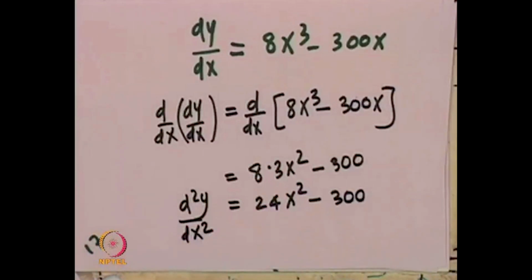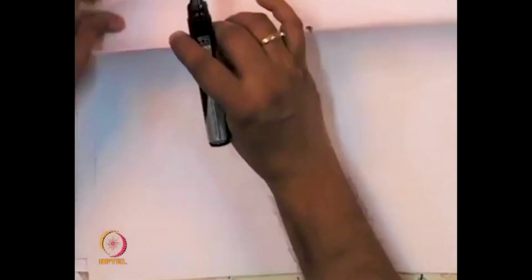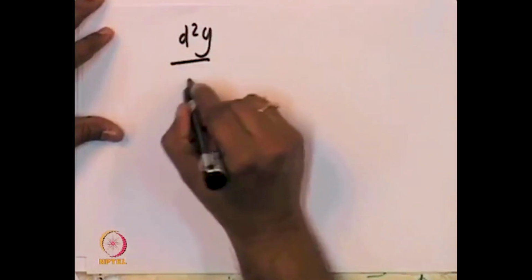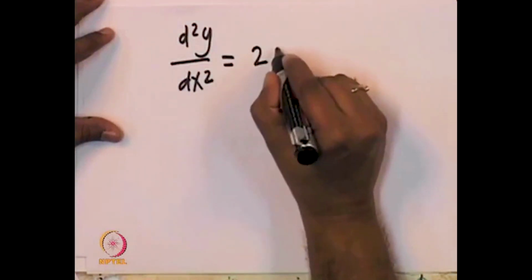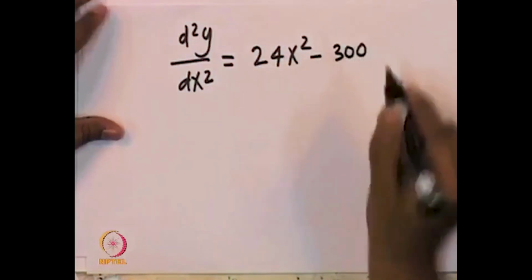So the second derivative is 24x square minus 300.